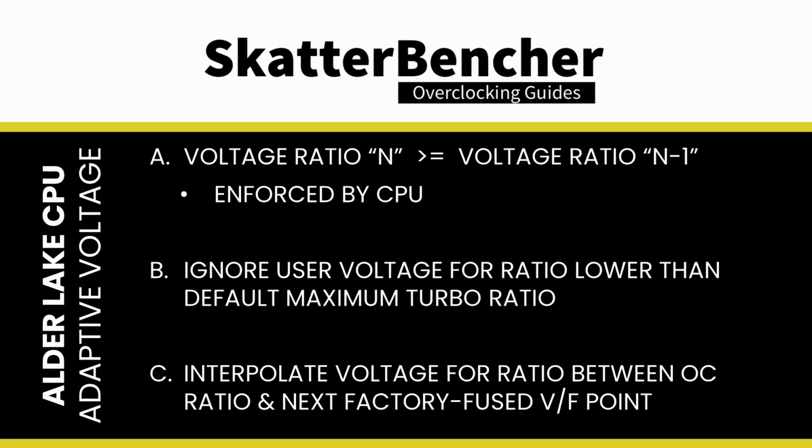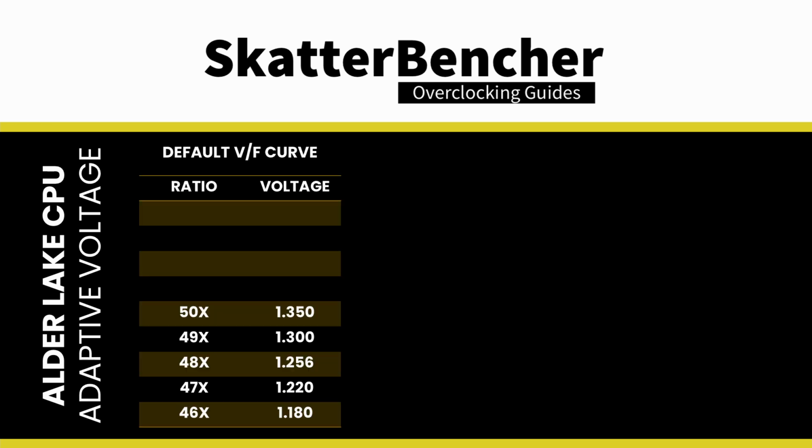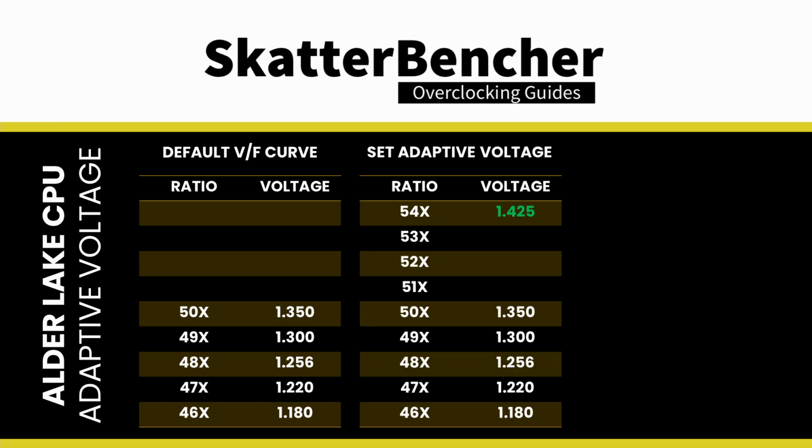For ratios between the OC ratio and the next highest factory fused VF point, the voltage is interpolated between the set adaptive voltage and the factory fused voltage. Returning to our example, our 12700K is specified to run 50x at 1.35 volt, and let's say we manually configure the OC ratio to be 54x at 1.425 volt.